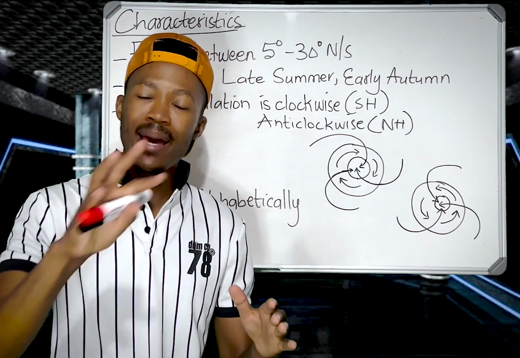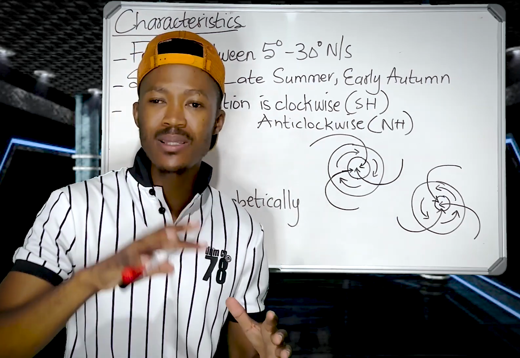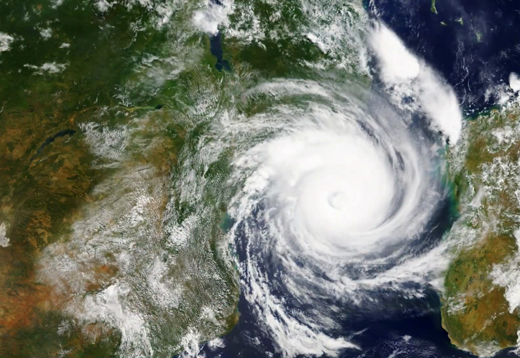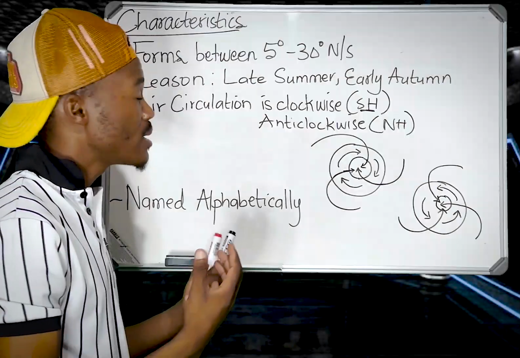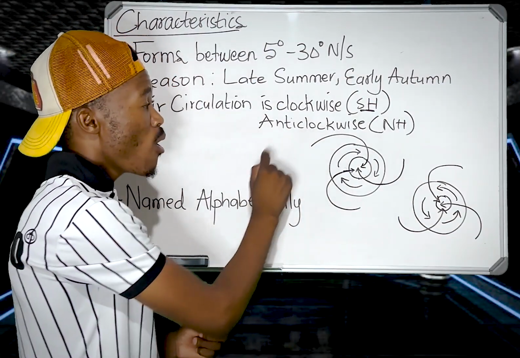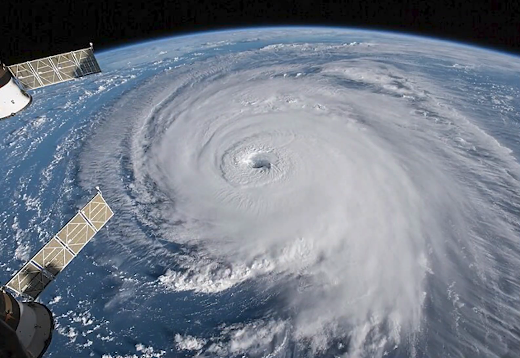Now, when you look at the air circulation around a low pressure system of the tropical cyclone, once the air circulates in a clockwise direction, then that will signify that this tropical cyclone is occurring in the southern hemisphere. But if the circulation of air is counterclockwise or anti-clockwise, this will signify that this tropical cyclone is occurring in the northern hemisphere.